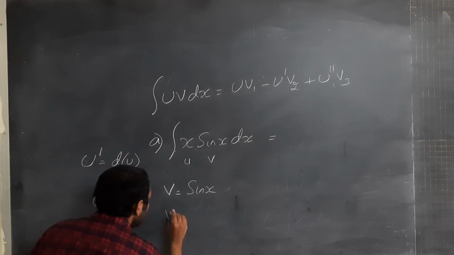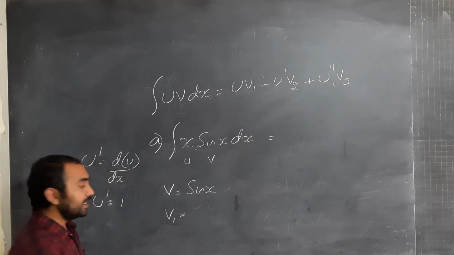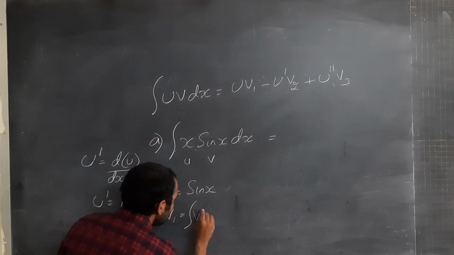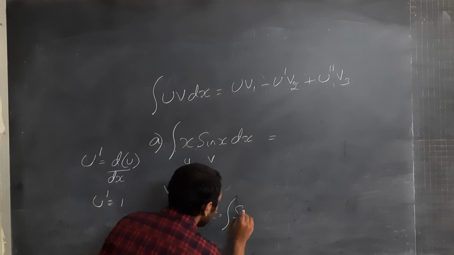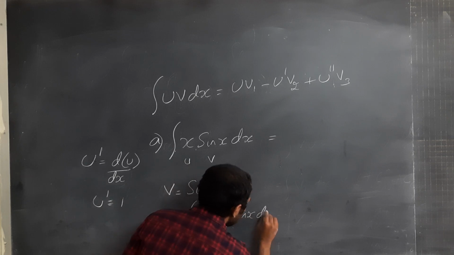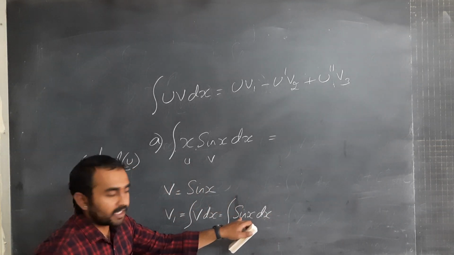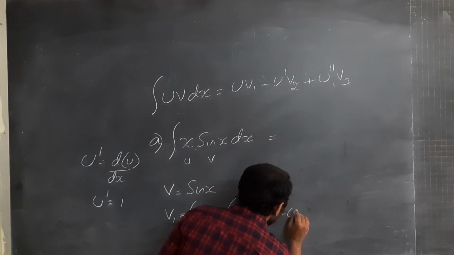Next we need v1. v1 means the integration of v into dx, that is, the integration of sin x into dx. The integration of sin x is minus cos x.